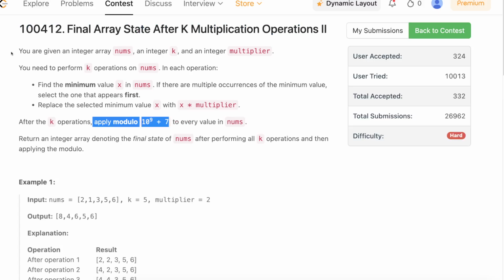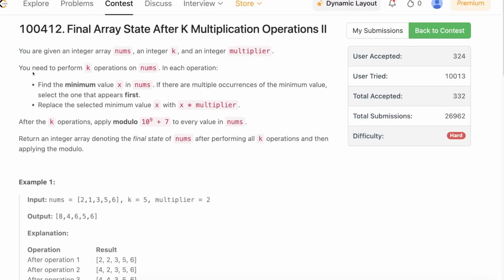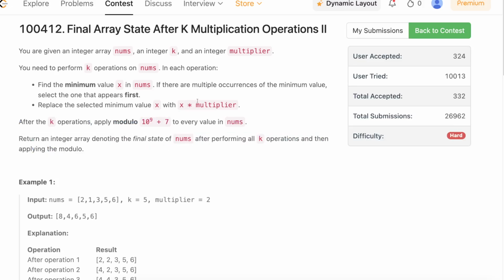The problem states that you're given an integer array nums, an integer k, and an integer multiplier. So you need to perform k operations on the given array nums, and after you have performed all the k operations, you will apply modulus 10 power 9 plus 7 to every element of nums and return that as the answer, right? So what is the operation?